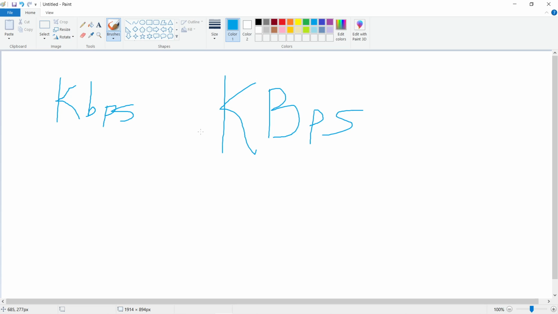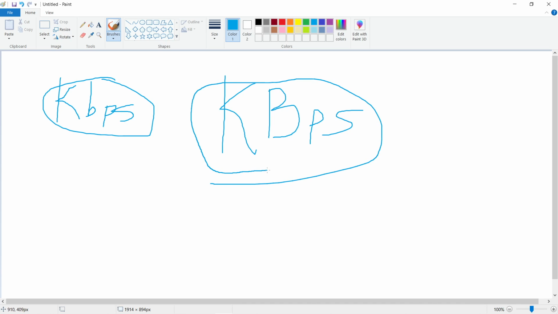Now both have different meanings. In both cases, there is just the difference of the b. In the first one, the small b represents bit, and in this one, the capital B represents byte.